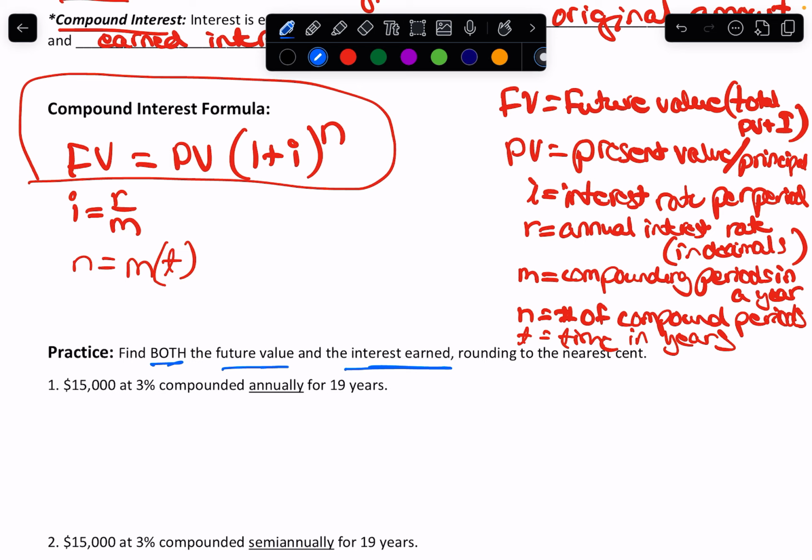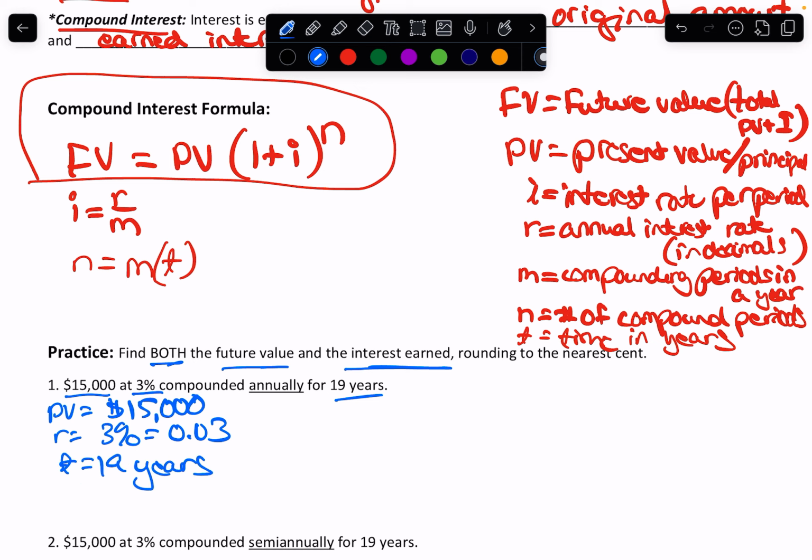Okay, so what do we have here in this first one? We've got our present value, which is $15,000. Our interest rate is 3%, so 0.03. Our t is 19 years, and it says annually, that is our m, which is the compounding periods in a year, and that is a 1 because it's annually.